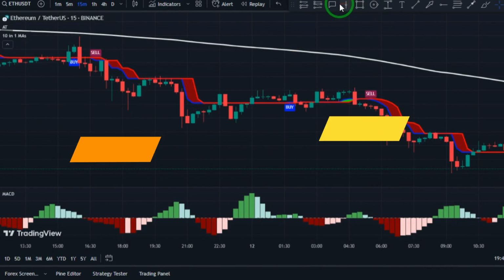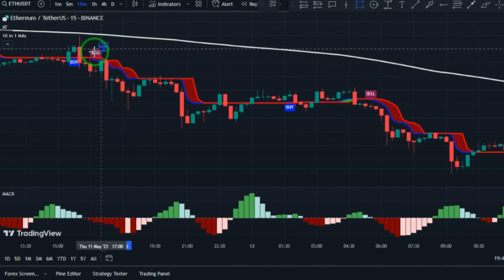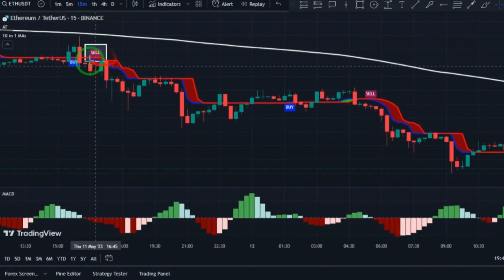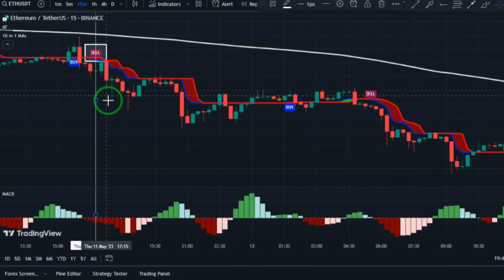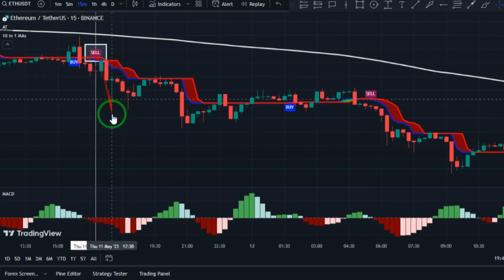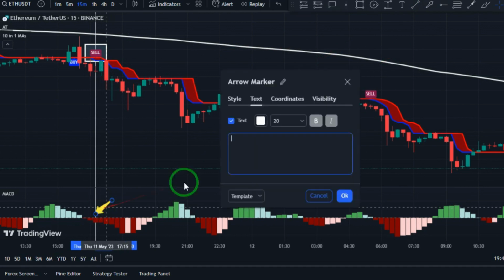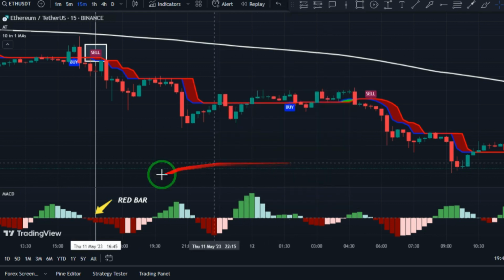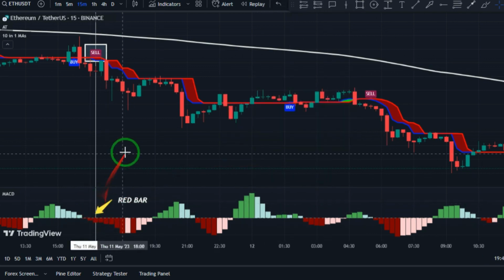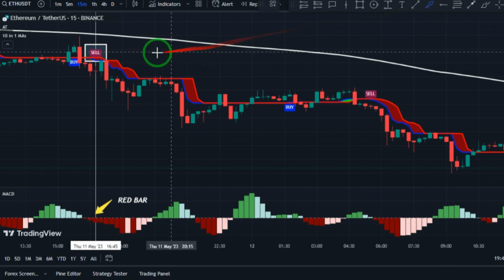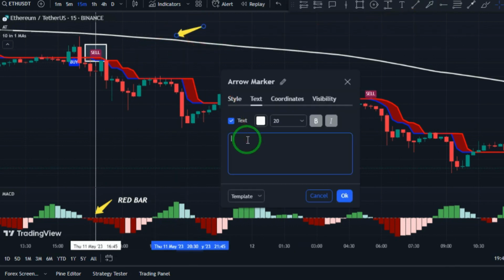For a sell trade, the alpha trend should generate a sell signal. The MACD histogram should be red and below the zero line. And the price should be below the moving average.